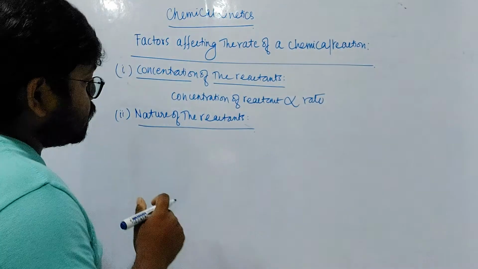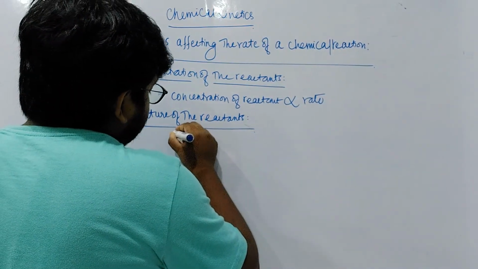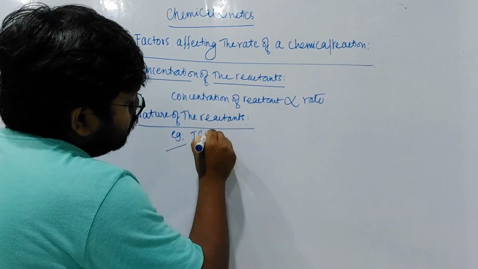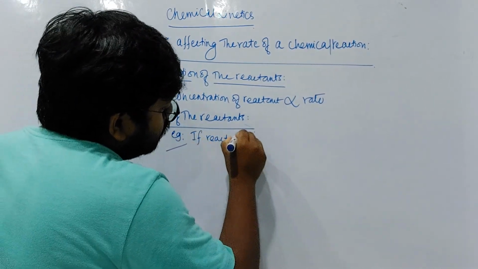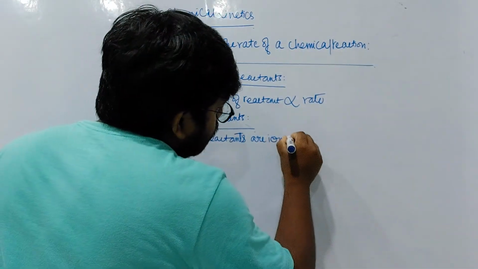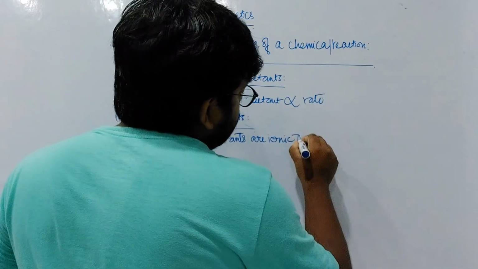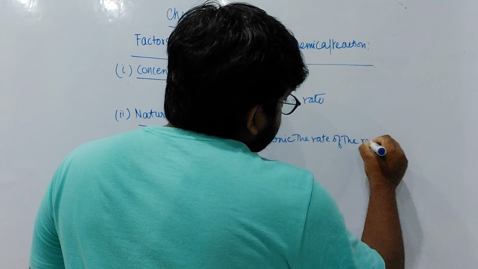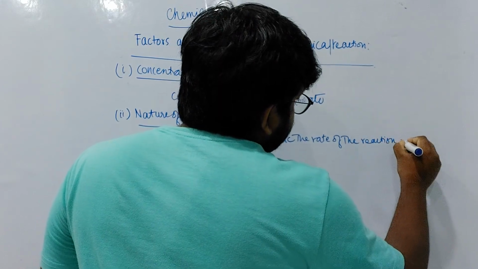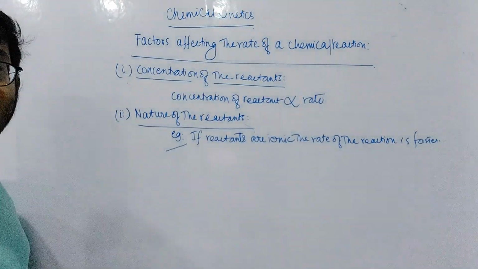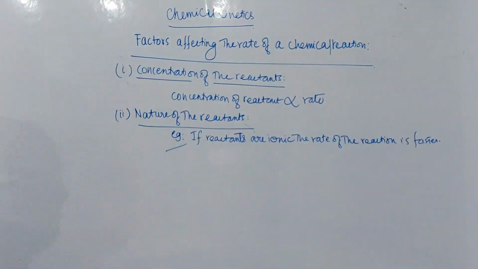Okay, so for example, if reactants are ionic, the rate of the reaction is faster. Okay, so this is the factor.